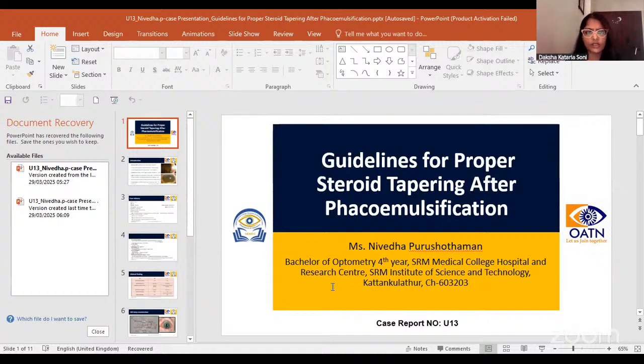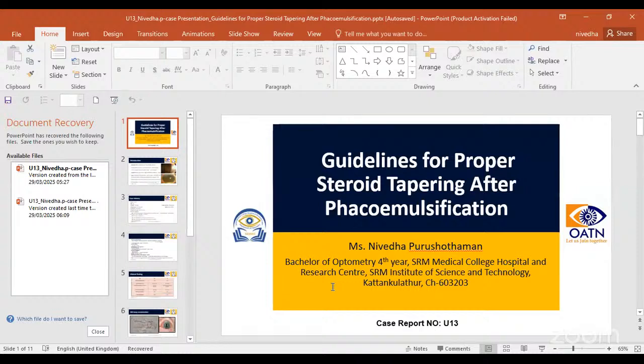Why is there pain there? Because the pupil is constricted, sphincter muscle spasm will happen in the iris. Okay.